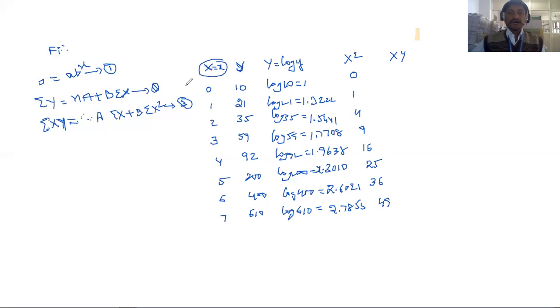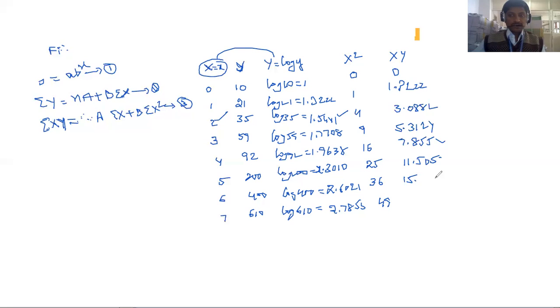And next the XY values, we multiply capital X and capital Y: 0 into 1 is 0, 1 into 1.3222 is 1.3222, 2 into 1.5441 is 3.0882, then 5.3124, 7.8552 by multiplying 4 into 1.9638, 5 into 2.3010 is 11.5050, then 15.6126, and finally 7 into 2.7853 is 19.4971. Like this you need to do the calculation part.